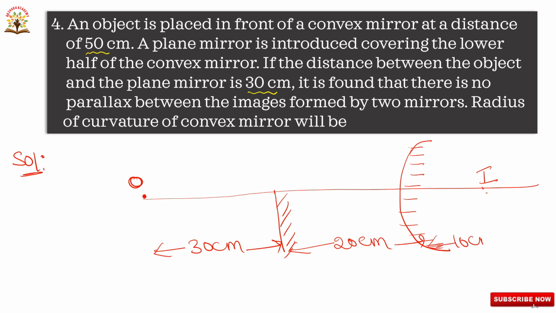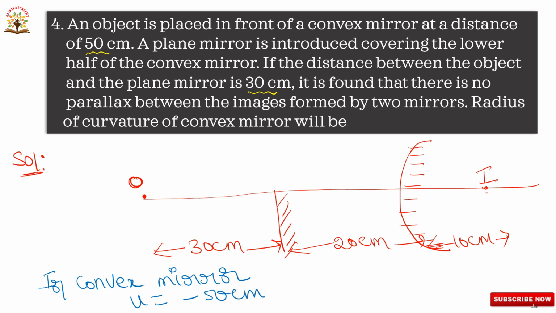Image distance is 10 centimeter. Okay. Now for the convex mirror, u is equal to minus 50 centimeter.